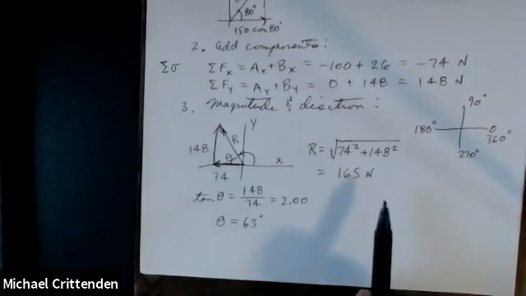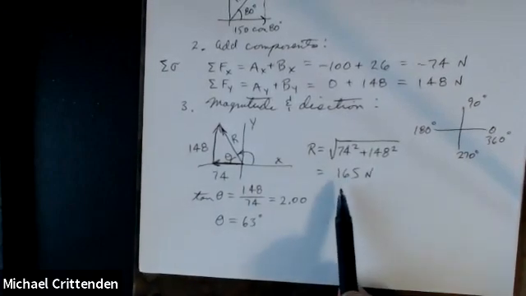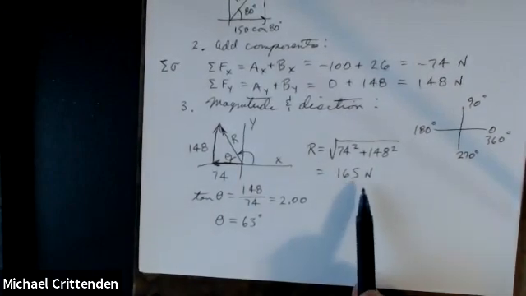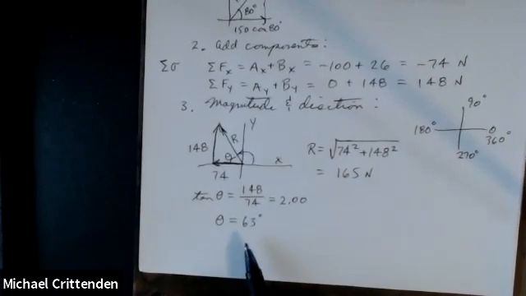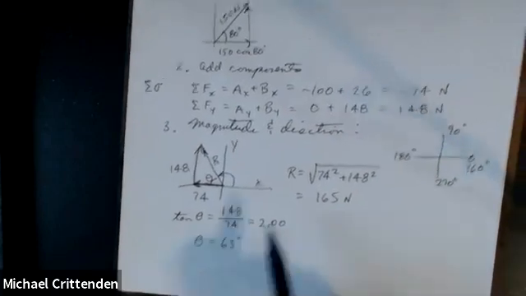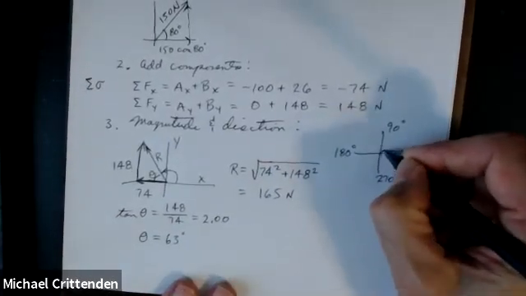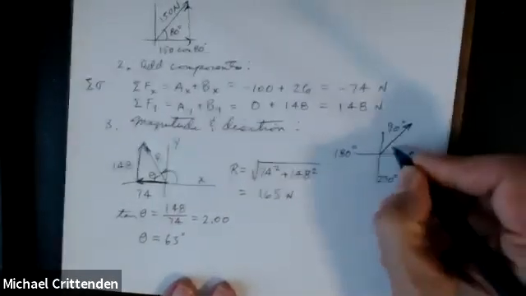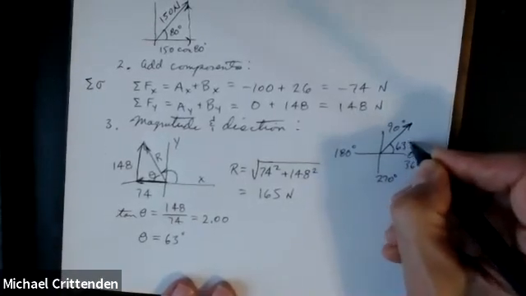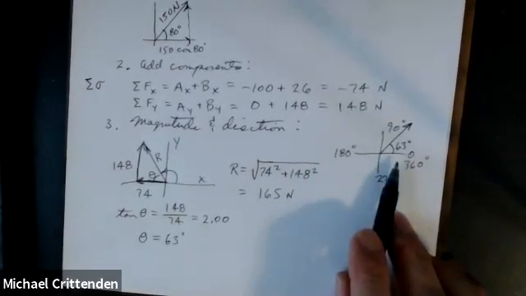But if all you say is 165 newtons at 63 degrees, without any additional information to tell me something to the contrary, I'm going to assume you mean 63 degrees like that, which is wrong, okay?